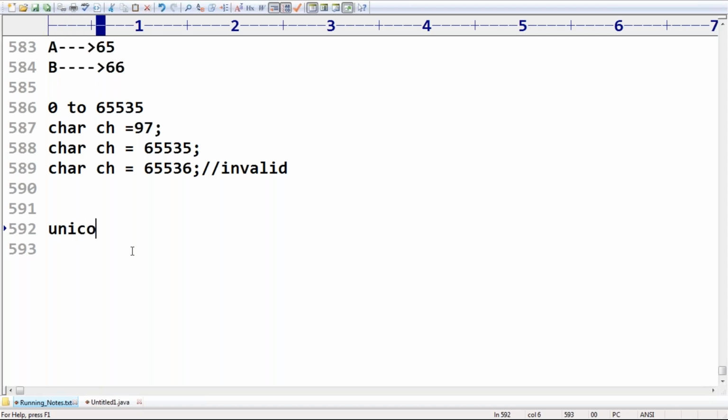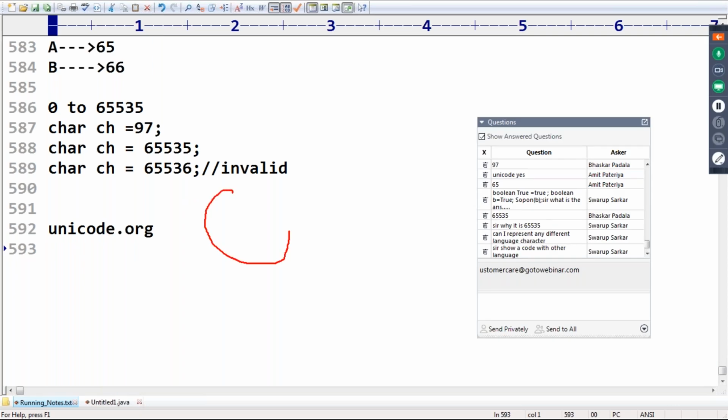That's why unicode.org is the website you have to refer. If you refer to this website, suppose there is a Telugu alphabet symbol. Assume that for this it is some 347, but not exactly. Assume 347.